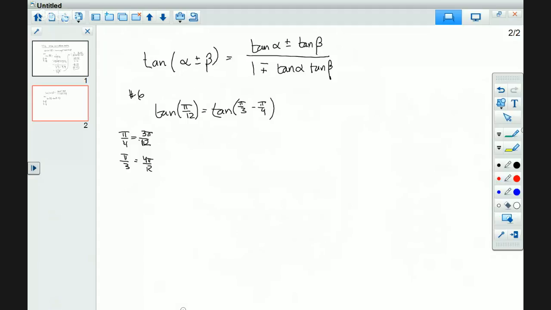Now you plug it in, obviously. So you have to be careful, because this is subtraction on the bottom here, but this is addition here. So there are actually two different signs in this one. Okay, so be careful.